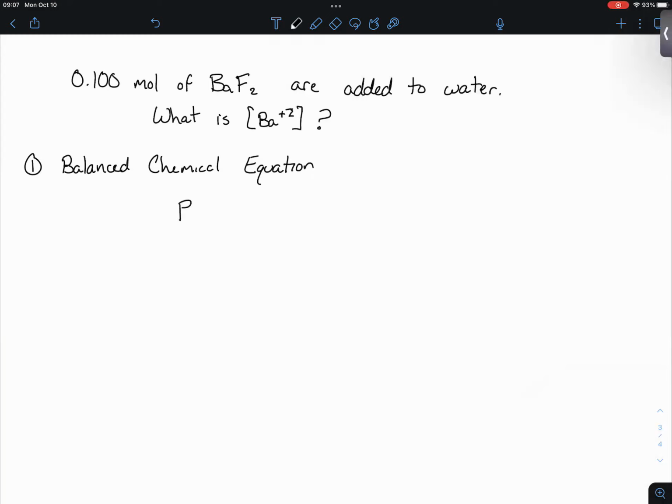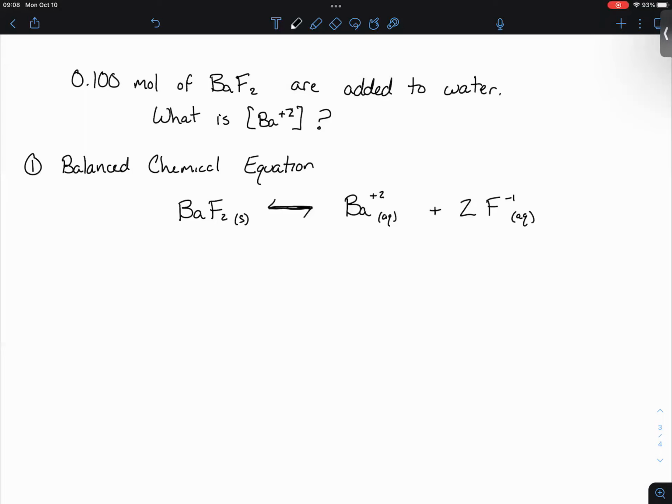So we're going to take our barium fluoride, which is a solid, and add it to water such that it dissociates. And I shouldn't use those one-headed arrows because, in fact, this is quite in favor of the reactants. It will dissociate into the barium ion, which is aqueous, and 2 fluoride ions, which would also be aqueous in that solution.